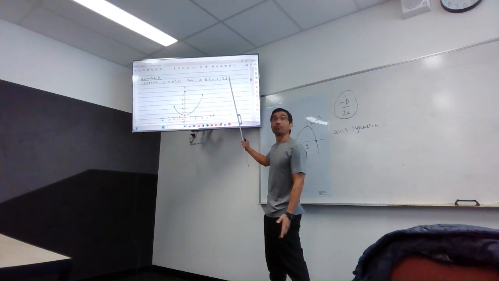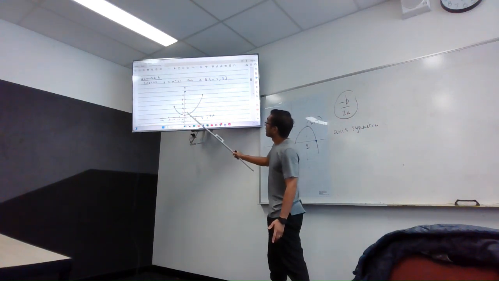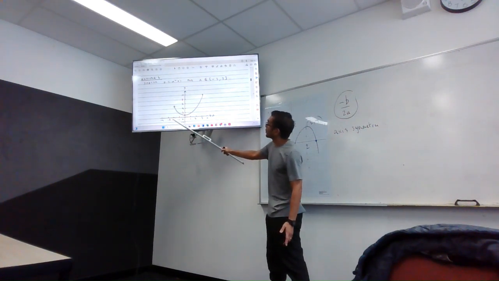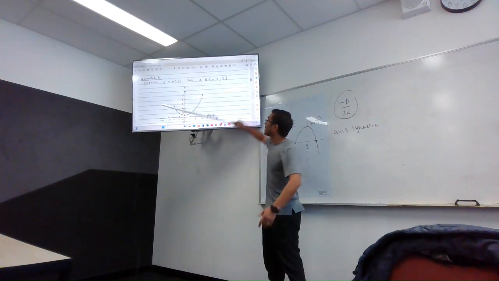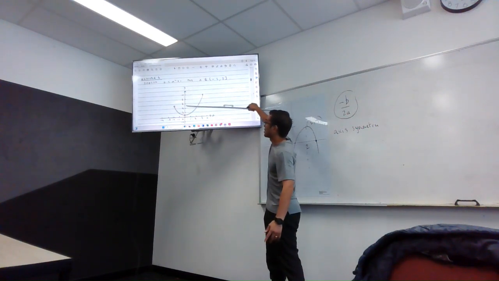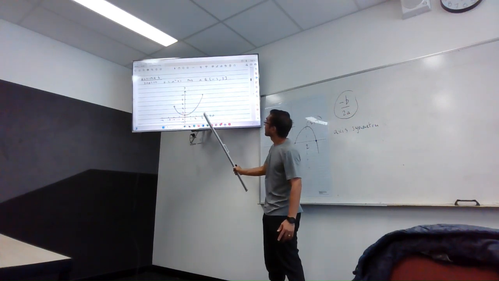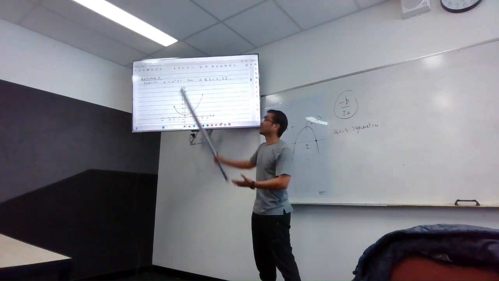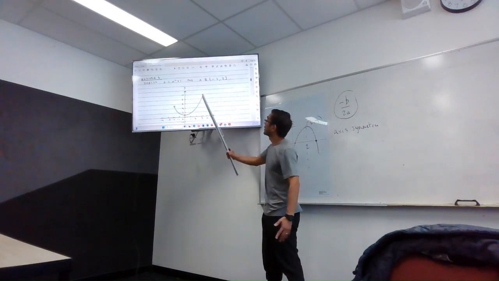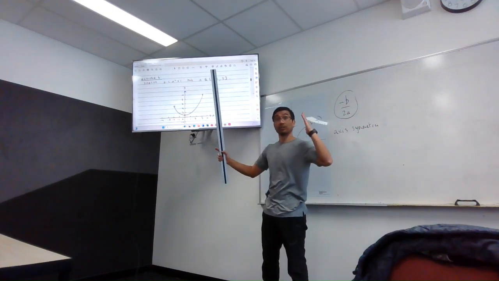Closed dot, square bracket. If I put in -2 in here, what's -2 squared? Plus 1. That's why it's 5. Likewise, I go here. 3 squared is 9, plus 1, 10. 3 lands at 10. Our ends of the quadratic.